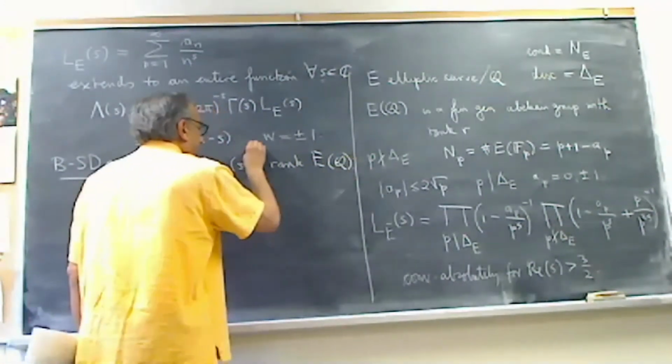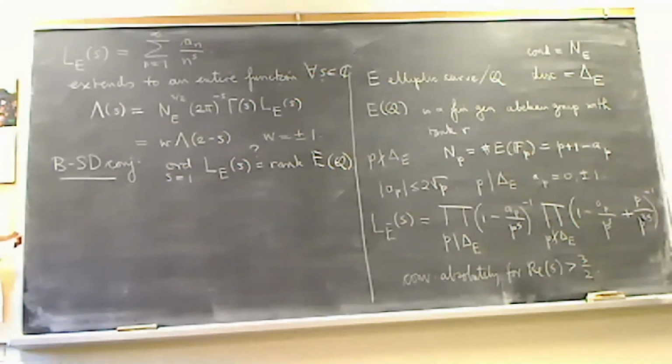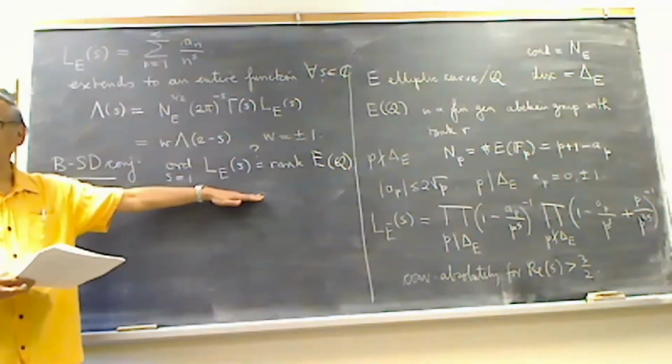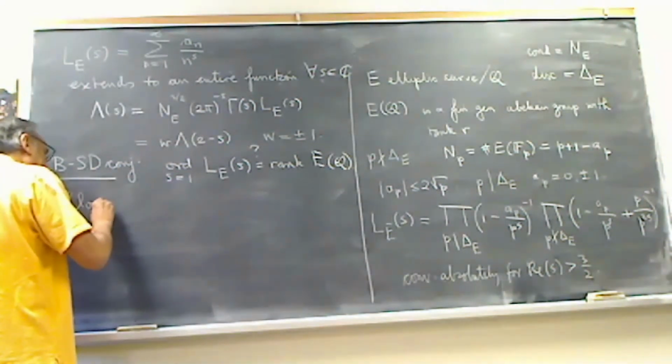This is the conjecture. Now, the interesting thing is, this is not the original Birch and Swinnerton-Dyer conjecture. The original conjecture was actually inspired by some sort of local-global principle, if I can call it that.